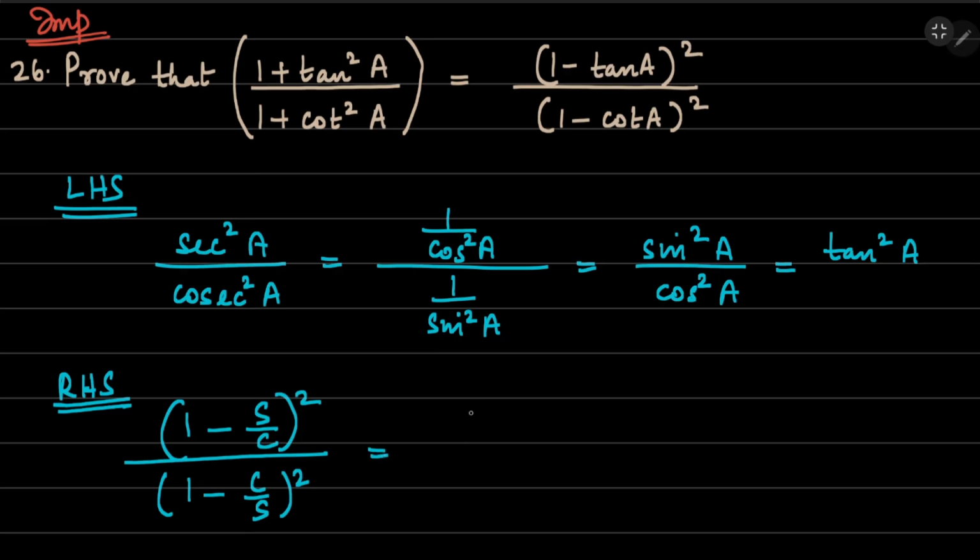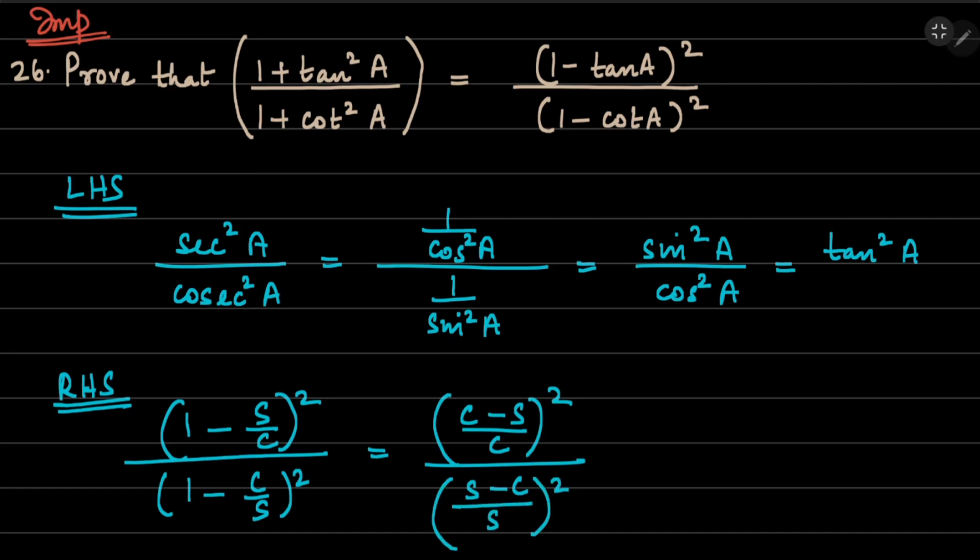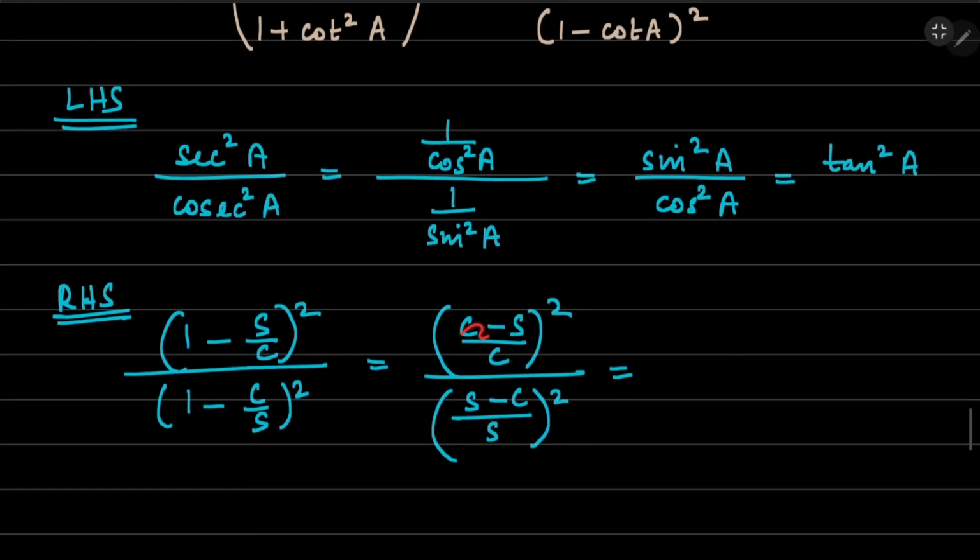Take the LCM inside. So what will you have? Cos minus sine divided by cos the whole square, divided by sine minus cos by sine the whole square. Right? So here what you have is this term. What is this term here? Sine square plus cos square minus 2 sine cos. Here also it will be sine square plus cos square minus 2 sine cos.